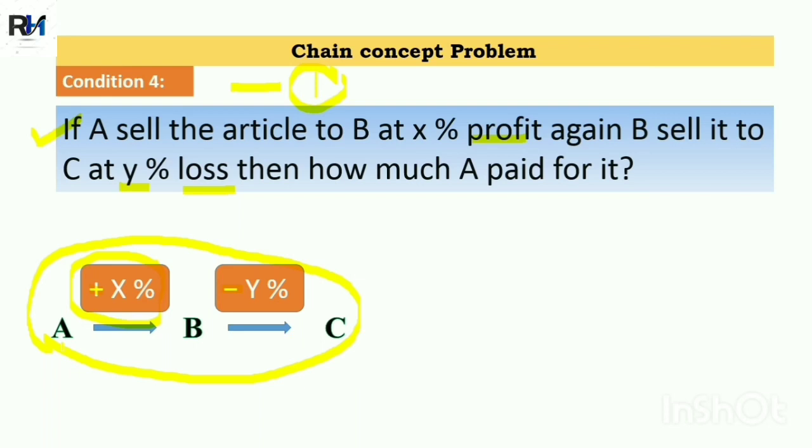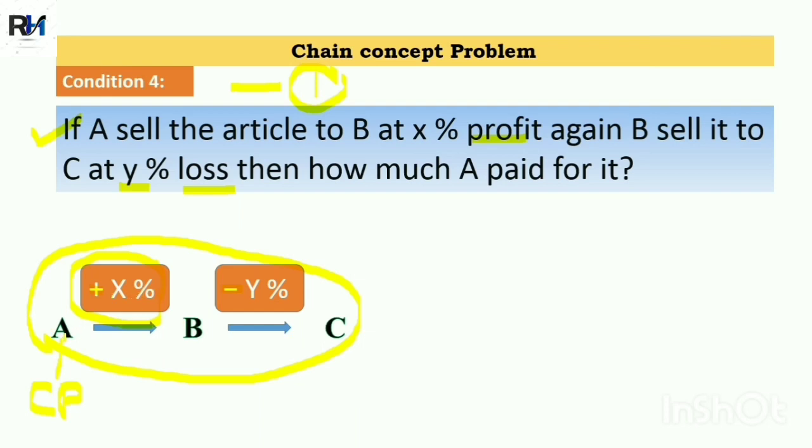Now initially A has an article. If he does not sell the article to B, then A's initial article price we can call the CP, that is the cost price. After that, in the statement it is given that A is selling the article to B at X% profit.